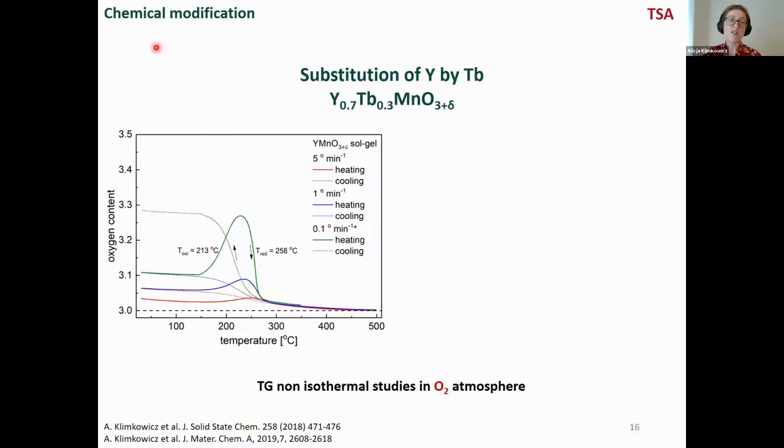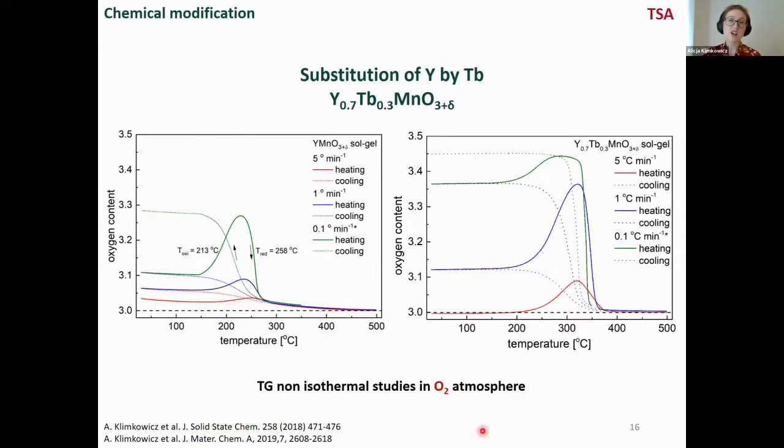Further, now let's focus a little bit on the chemical modification. So here you see the parent material of yttrium manganese oxide, already prepared using the self-combustion method. You can see we can incorporate around 3.3 oxygen into the structure in this test.